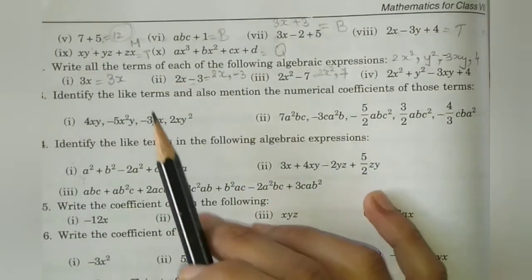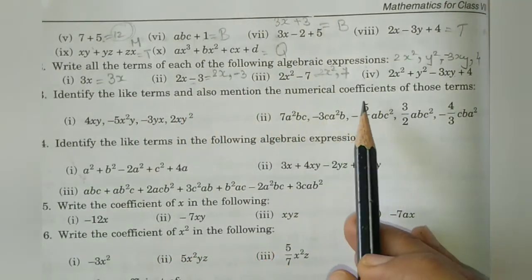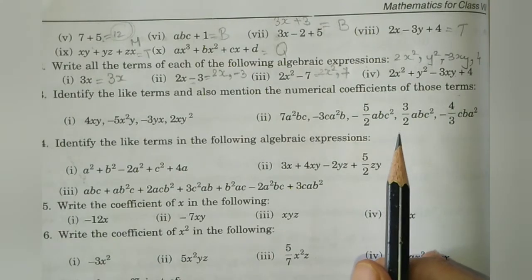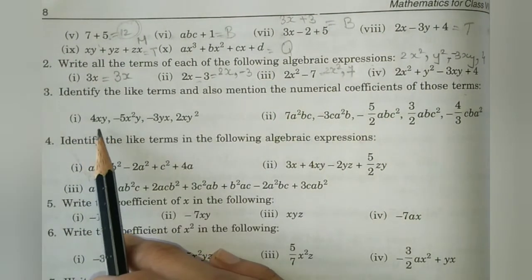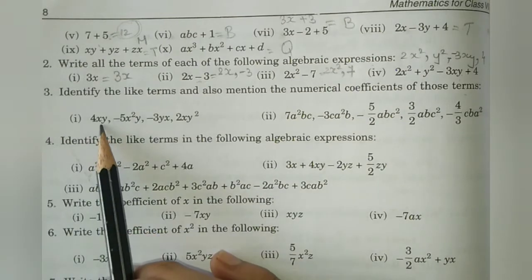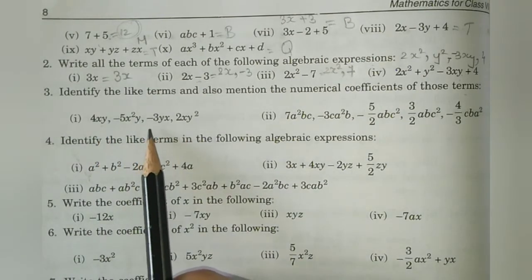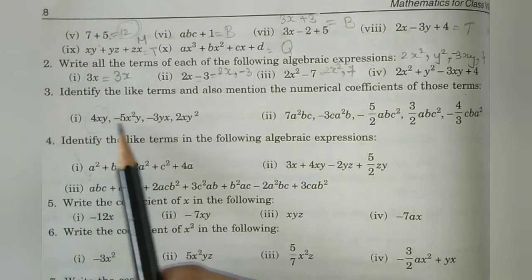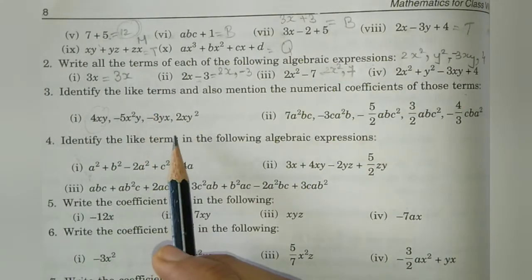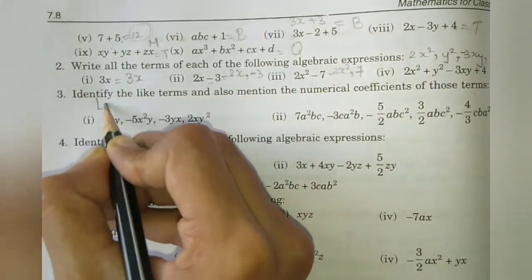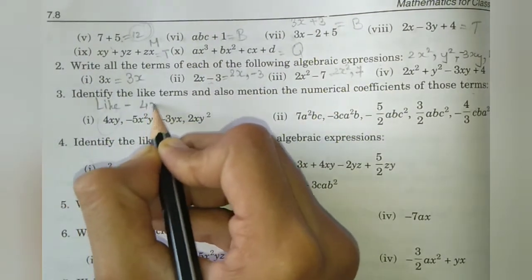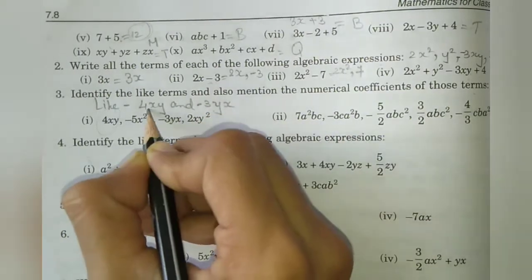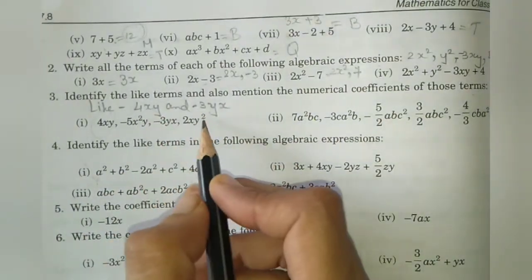Question number 3, identify the like terms and also mention the numerical coefficient of those terms. First of all, what do we have to write? Like terms. Whichever variables are the same, those are called like terms. Here which variables are the same? 4xy and minus 3xy, so the like terms are 4xy and minus 3yx, because both the variables are the same.